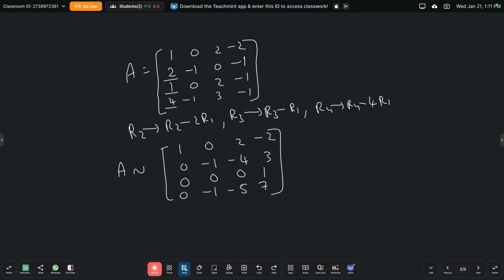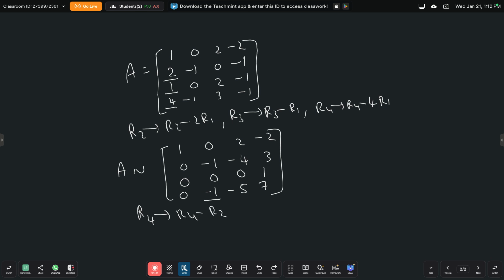Here all the elements before the first nonzero elements are 0. Next, we have to make this minus 1 a 0. For this, I am going to apply R4 gives R4 minus R2.